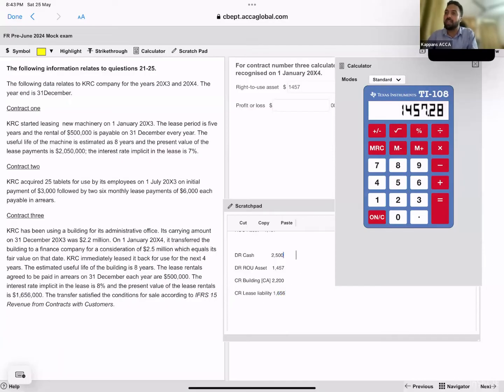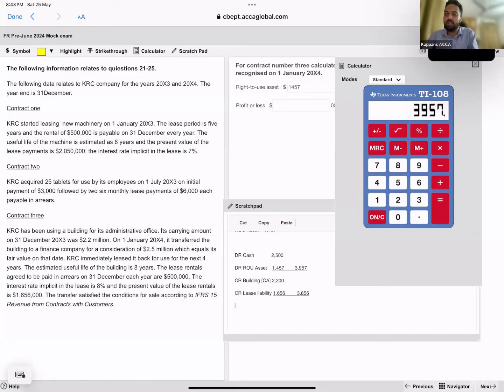Now total the debit. When you total the debit, it is 2,500 plus 1457, which is equal to 3957. And when you total the credit, that is 2,200 plus 1656, that is 3,856.